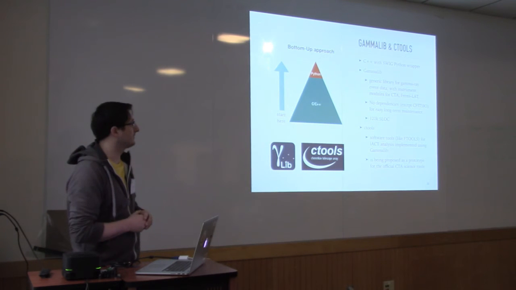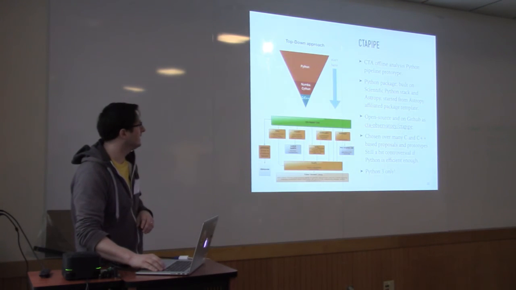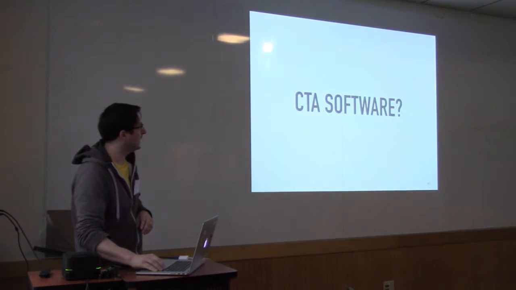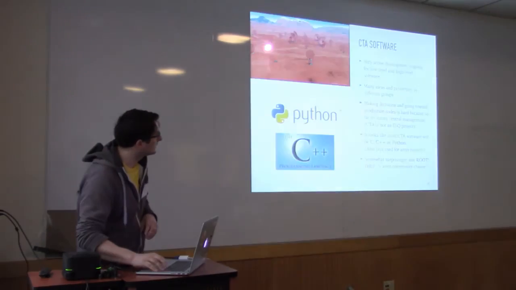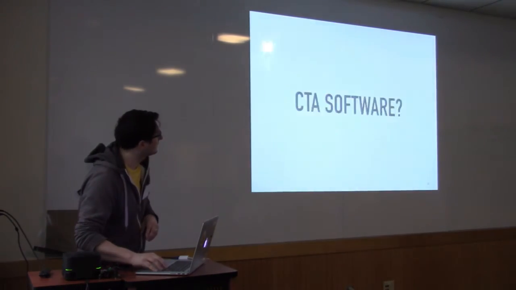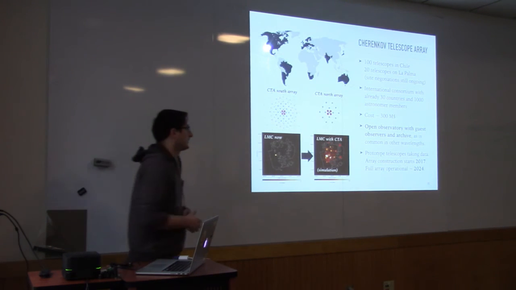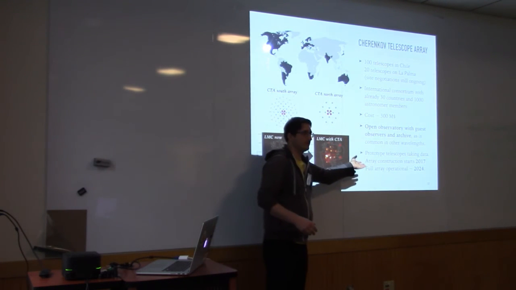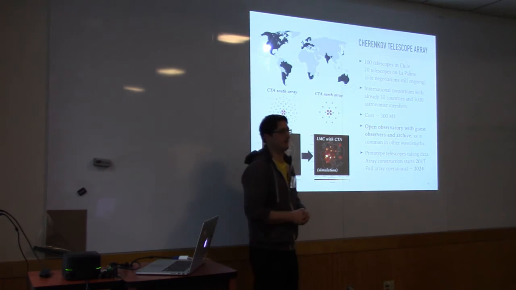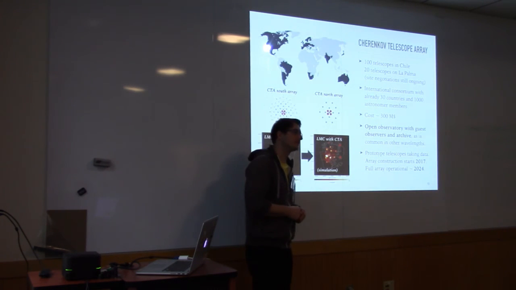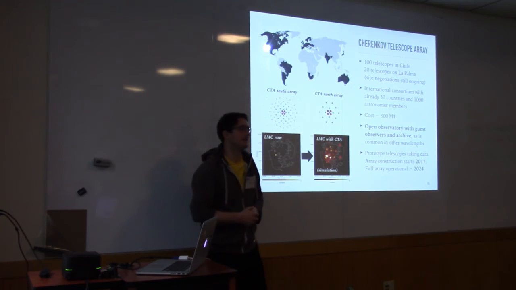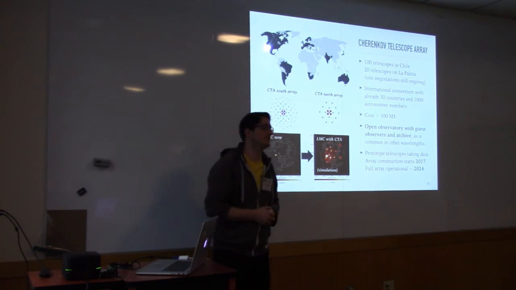But the timescale for the whole experiment is really that things have to happen now. Where is the timescale for CTA? I guess it's further up here, because array construction will start in a year, and then we'll have first science data within the next 2 or 3 years. So things have to happen soon.